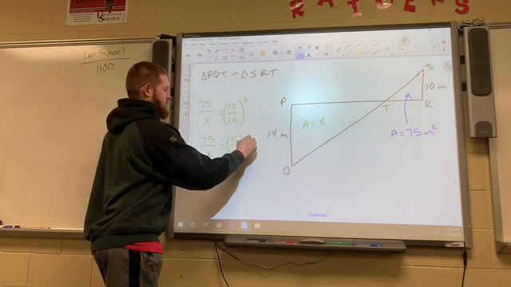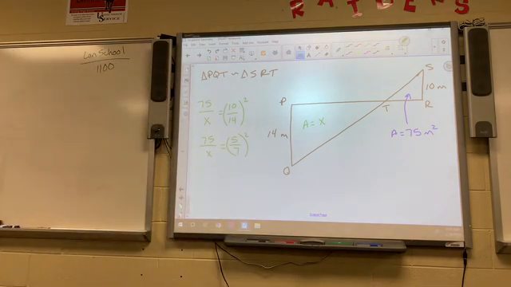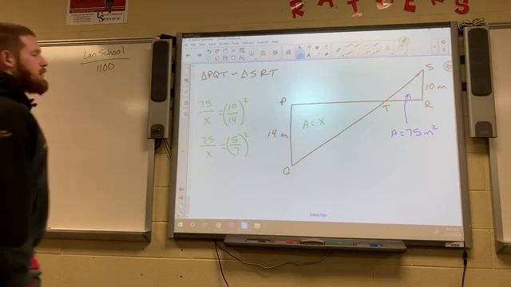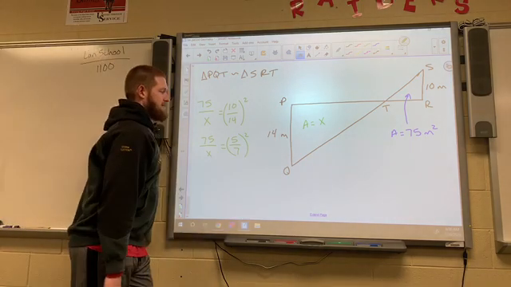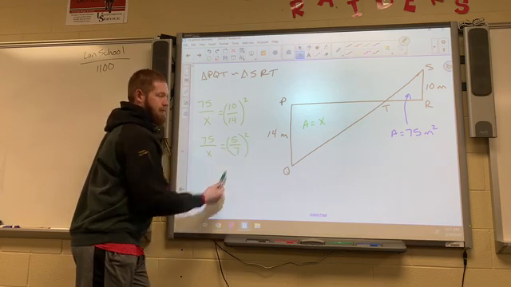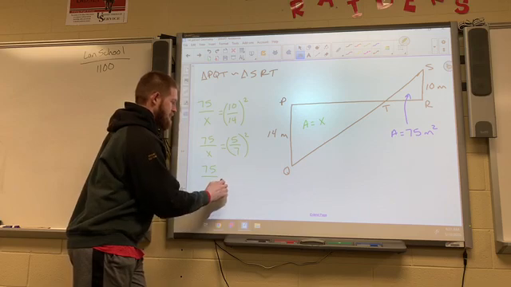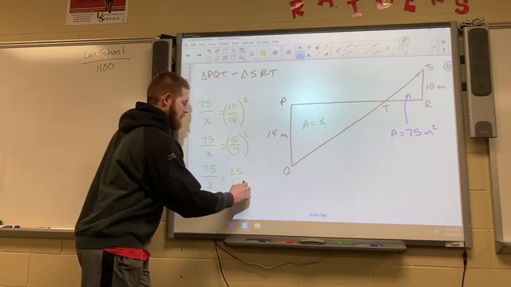Don't forget that you still have to square that. Remember, when you're squaring something, it means you're multiplying it by itself, which actually means that you need to square the 5 and the 7. So I have 75 over x equals 25 over 49.